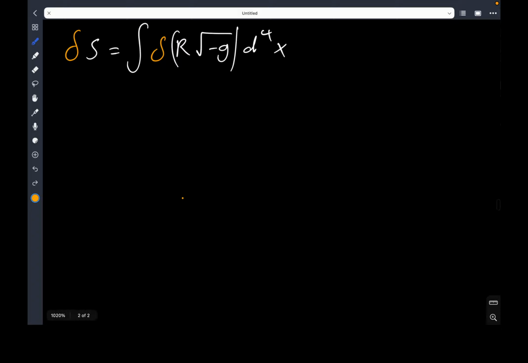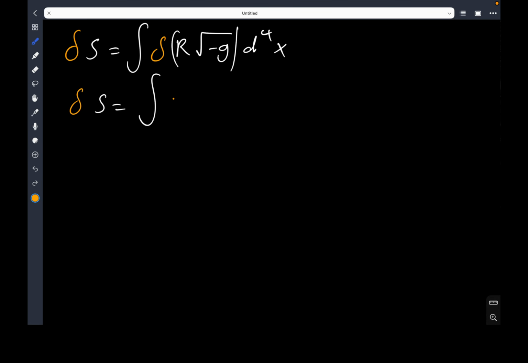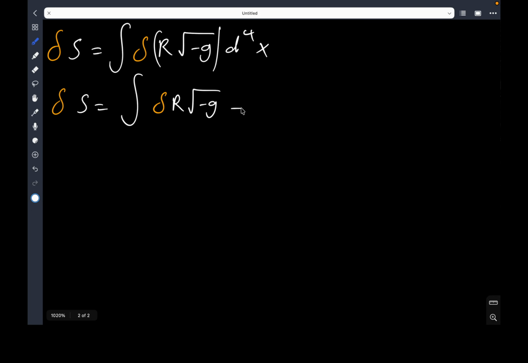So I'm going to write delta S to be equal to the integral of d delta [R root negative g] plus delta [root negative g] ... plus R and delta root negative g d to the 4x.